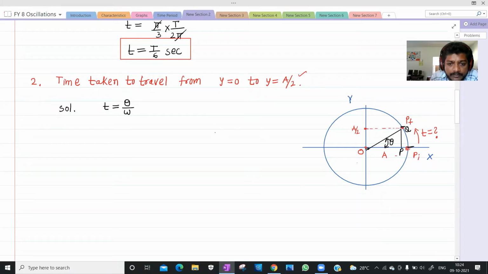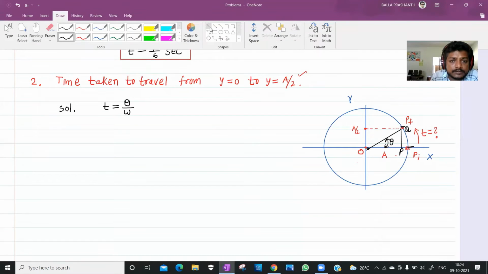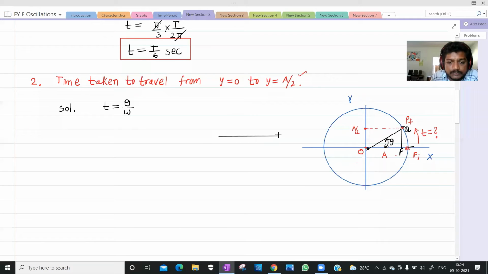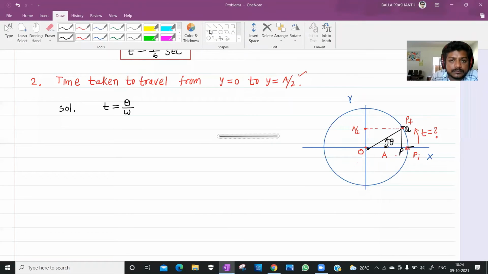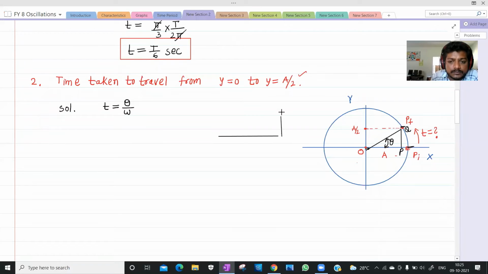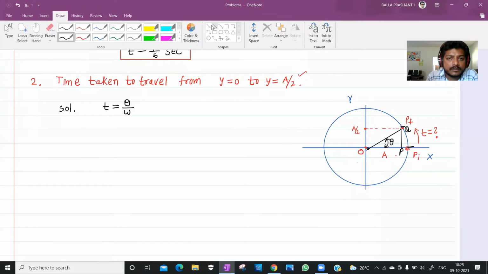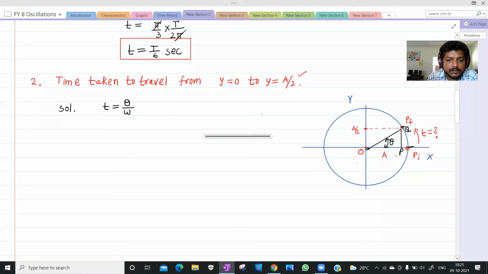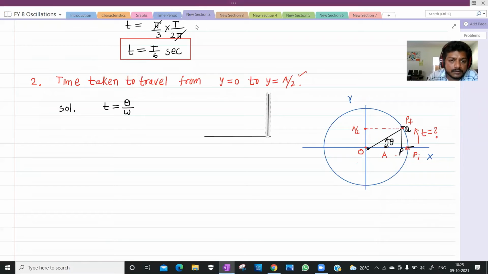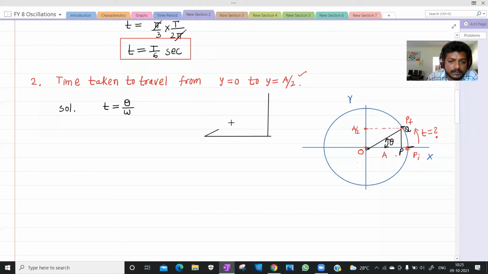I will redraw this triangle here. The same triangle I have written here.